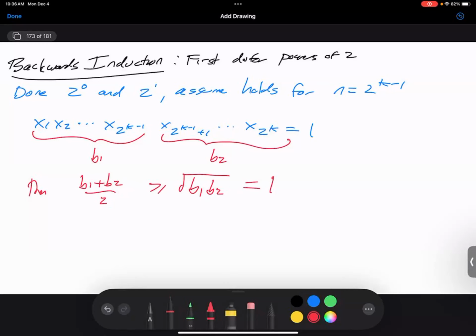So now let's think about what we have. So if we look at this, what do we want to divide B1 and B2 by? We don't want to divide it by 2. What would you want to divide it by?